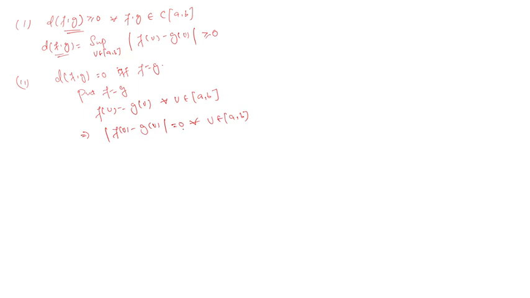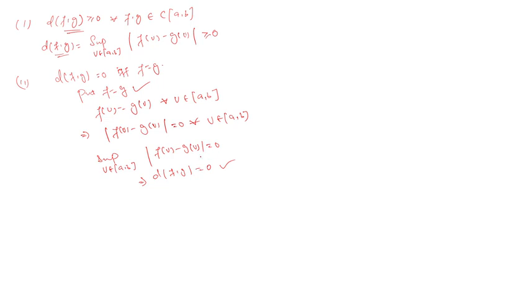And since this is equal to 0 for all u belonging to [a, b], the supremum over u of |f(u) - g(u)| is actually equal to 0. And this is the definition of d(f, g), means d(f, g) is actually equal to 0. So I supposed f is equal to g and I got d(f, g) equal to 0.